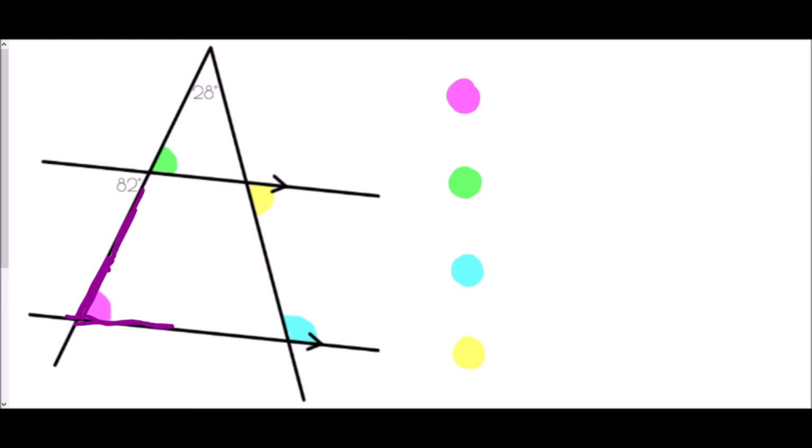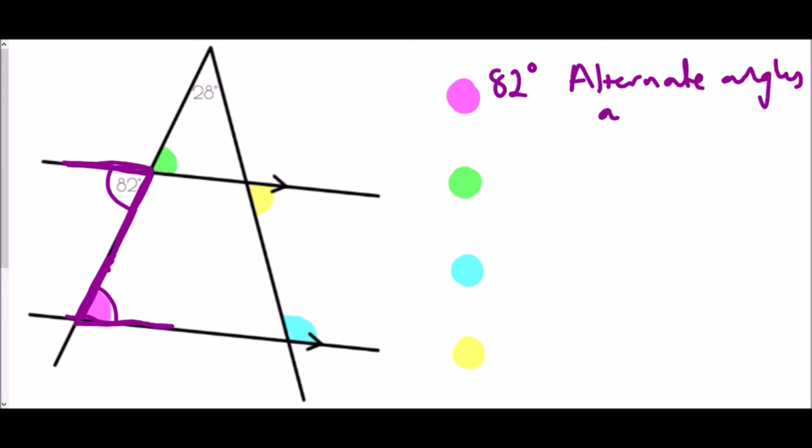Well, I can actually form a Z shape with the 82. Given that that is a Z, it tells me that it must be 82 degrees. It must be equal, and the reason for a Z shape is alternate angles. And so alternate angles are equal.